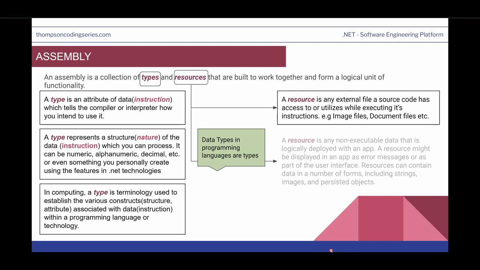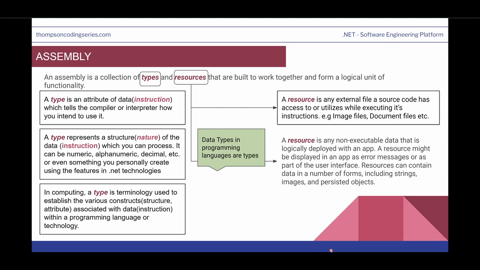A resource is an external file that source code has access to or utilizes while executing its instructions. It can be an image file, it can be a document file. A resource is non-executable data that is logically deployed in an app. A resource might be displayed in an app as an error message or part of the user interface.